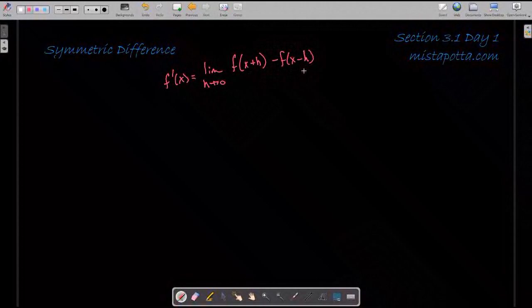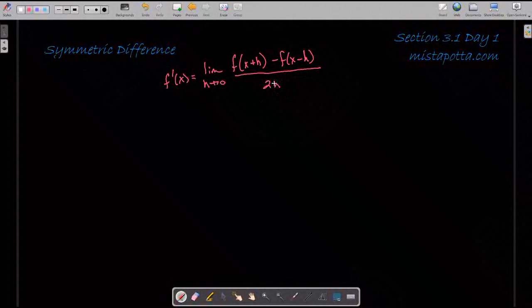Of course, if I do that, my width between x plus h and x minus h is really 2h. And so I need to make sure that I put this in here. It's not just h, it's 2h, because I'm h units away on the positive side and h units away on the negative side.